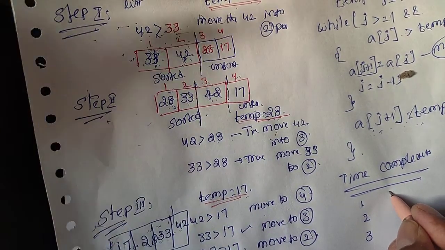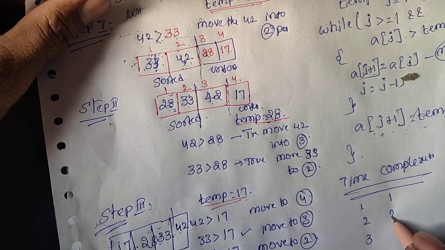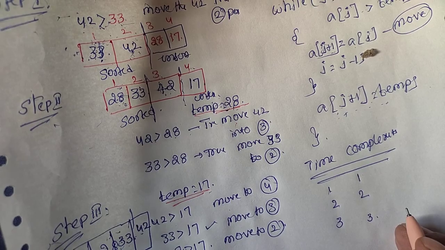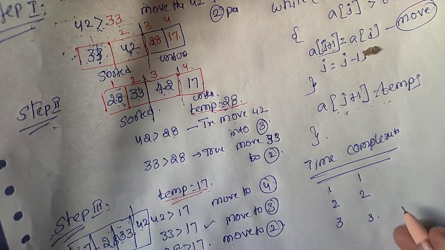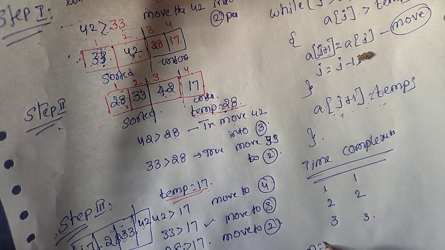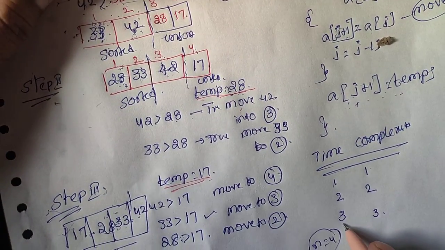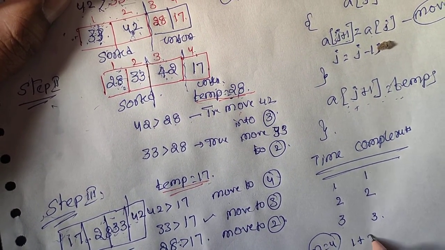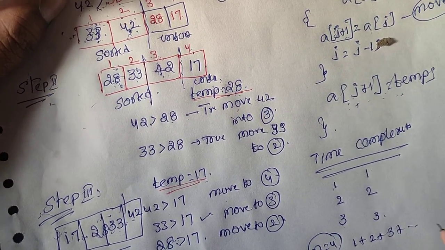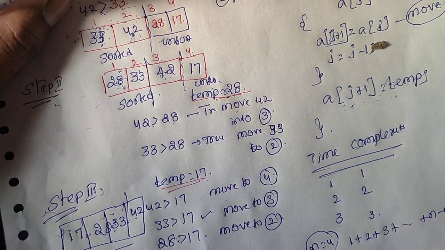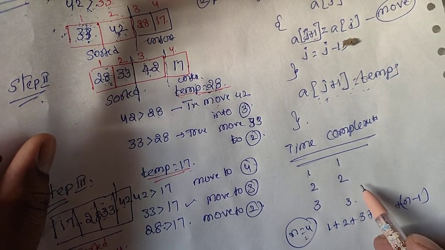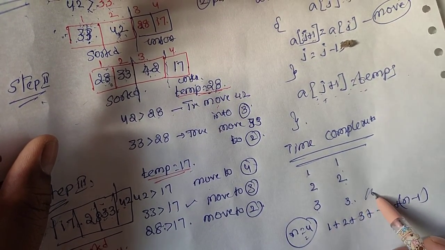Based on this, if n is 4, it becomes 3 steps. Like this there is 1 plus 2 plus 3 up to plus n minus 1. This is the formula generation. If n is equal to 4, then 1 plus 2 plus 3, 6 comparisons are enough.